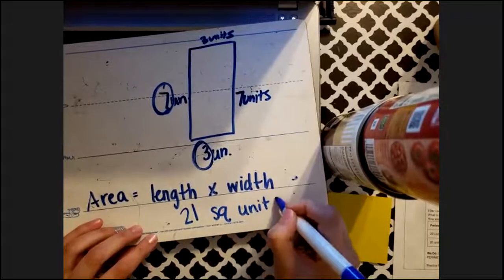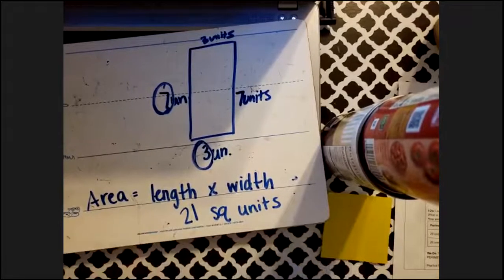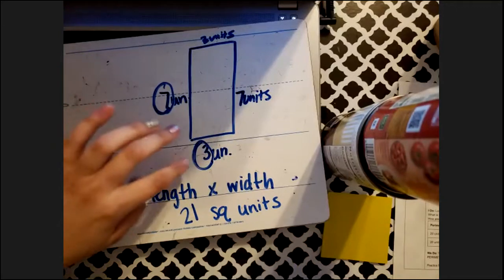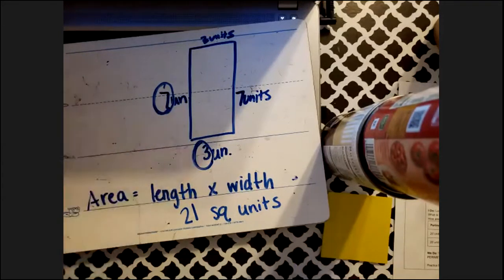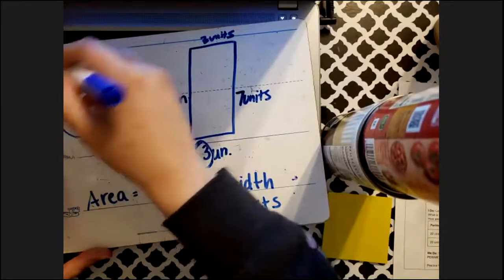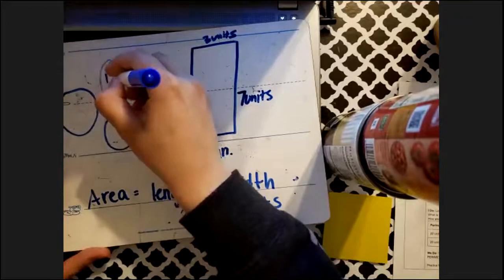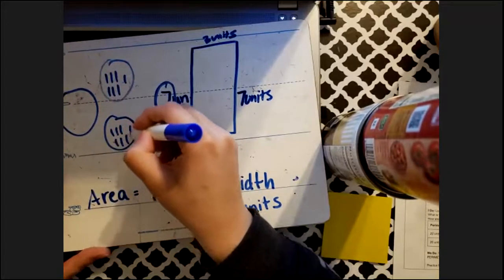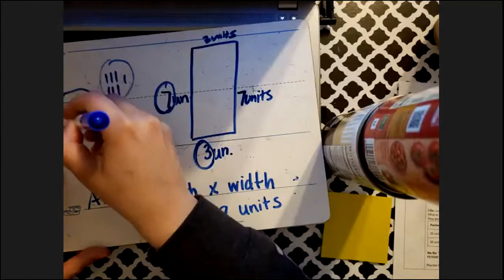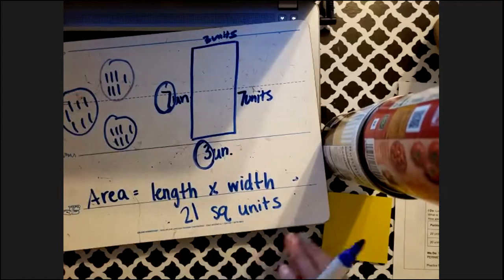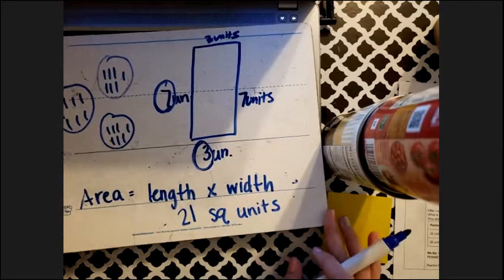And just a little quick reminder in case we forgot how to multiply, you would do 7 groups of 3, or you could do 3 groups of 7. I'm going to do 1, 2, 3, and then go 1, 2, 3, 4, 5, 6, 7, 8, 9, 10, 11, 12, 13, 14, 15, 16, 17, 18, 19, 20, 21. So our area for this rectangle is 21 square units.